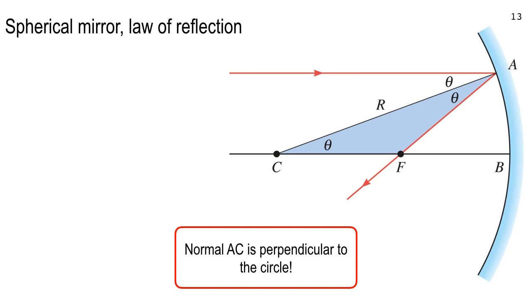C is the center, so line segment CA is a radius. Therefore, it's orthogonal, or perpendicular, to the tangent plane of the sphere at that point. So segment AC is perpendicular to the circle. Now, that's the normal.